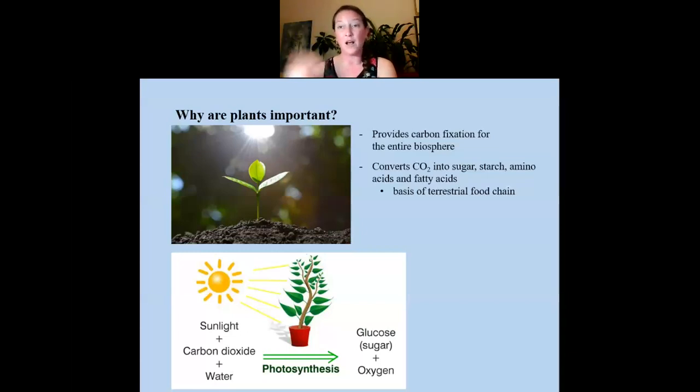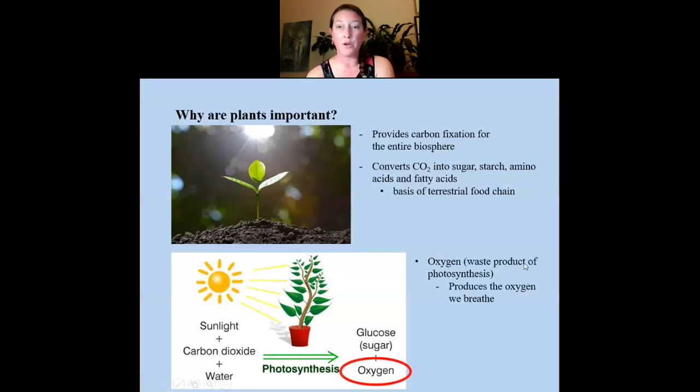And we and other animals in turn then eat the plant or parts of the plant and get that material as nutrition. So plants are the basis of the whole terrestrial food chain as we know it on Earth. Another reason that plants are important is because they produce oxygen that we breathe.